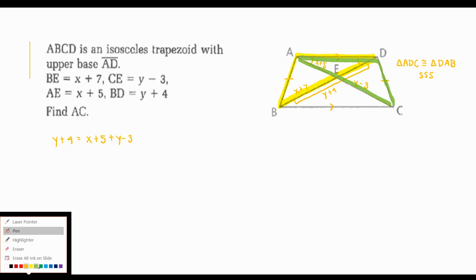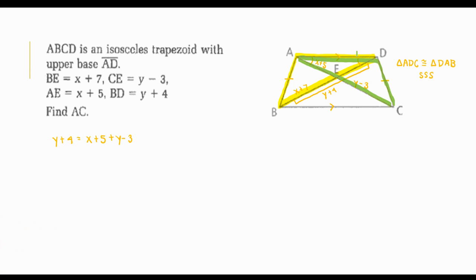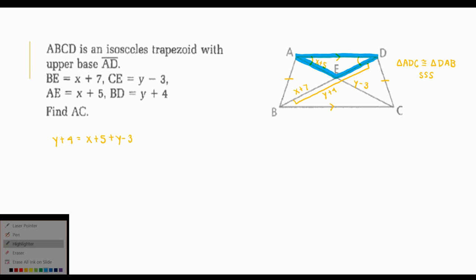I know I'm doing a lot of highlighting here, so let me erase the triangles that I highlighted. If I look at the fact that those two little angles are congruent, and I look at this triangle of ADE, I have two angles congruent. So that means if those two angles are congruent, then the sides are congruent. So I know that this side and this side are congruent.